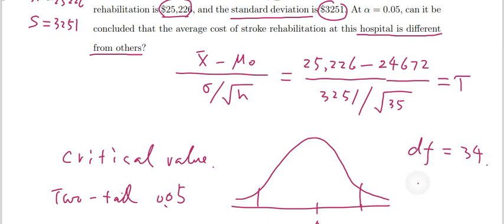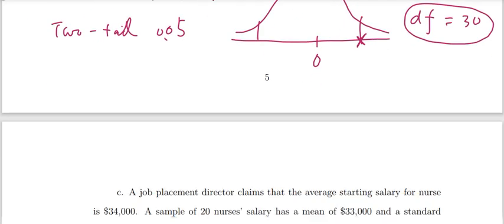If the table does not have 34, we just check the closest one, which is 30. So two tail, degree of freedom 30, 0.005, we can find this critical value, right? Then we compare this critical value and this t test statistic, so we can make a decision, right?